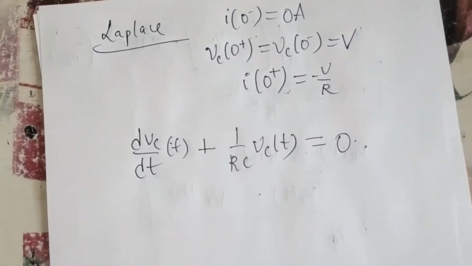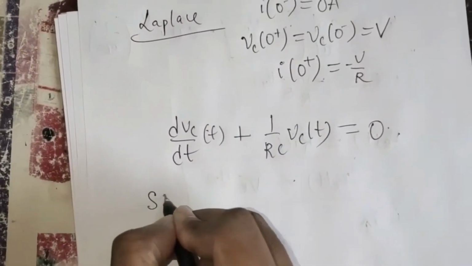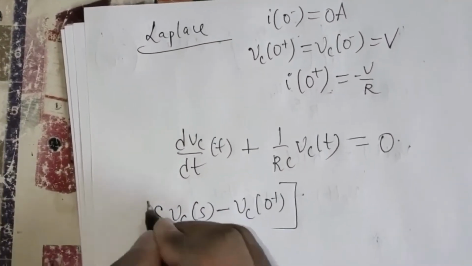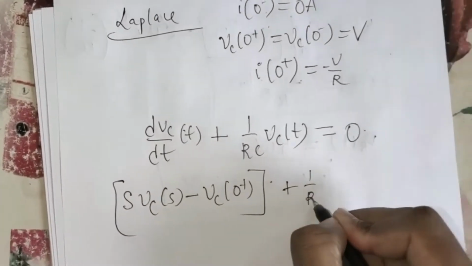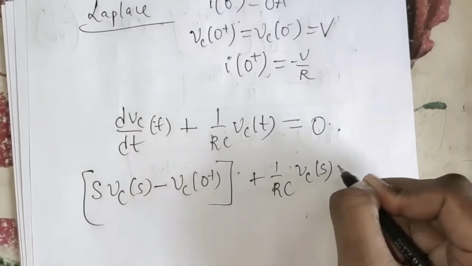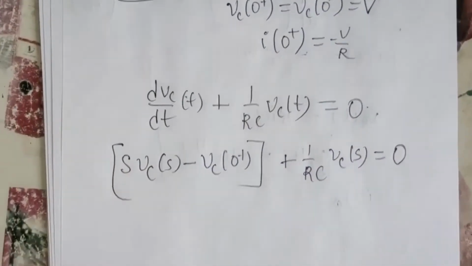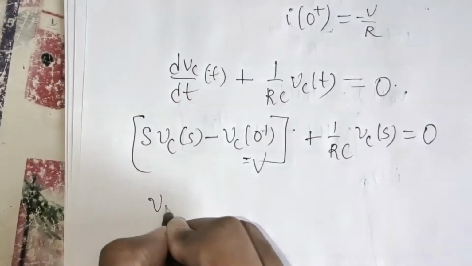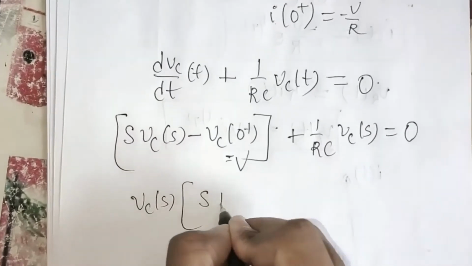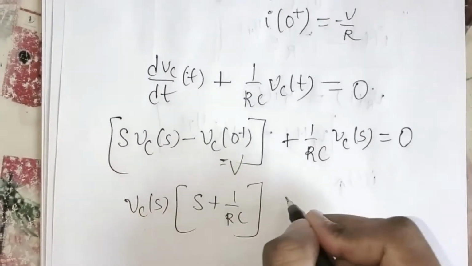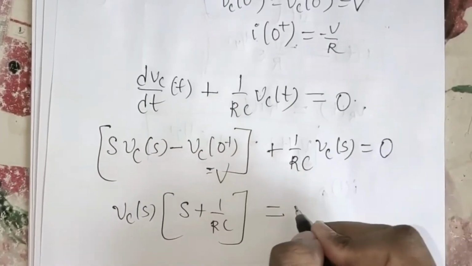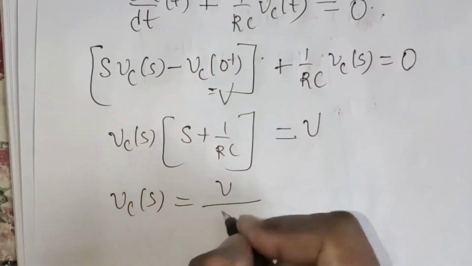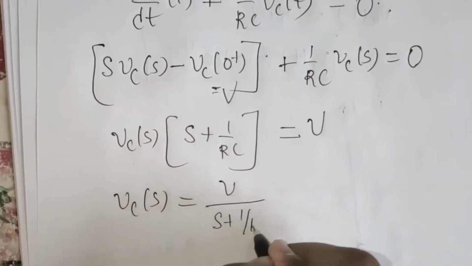Applying Laplace transform on both sides, I'll get s into Vc of s minus Vc of 0 plus, plus 1 by RC into Vc of s is equal to 0. Vc of 0 plus is anyhow V. Taking Vc of s as common, I'll get s plus 1 by RC, and taking the other term to the right hand side, it becomes V. Therefore Vc of s is equal to V by s plus 1 by RC.